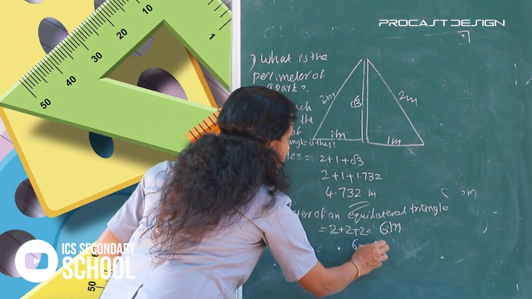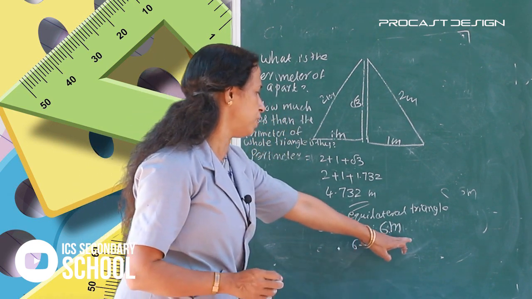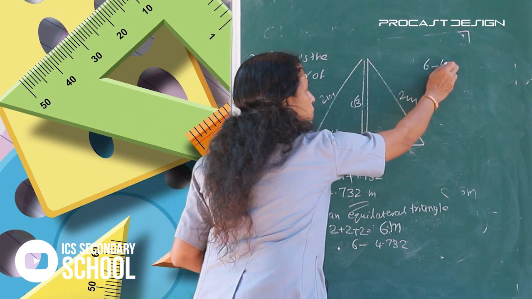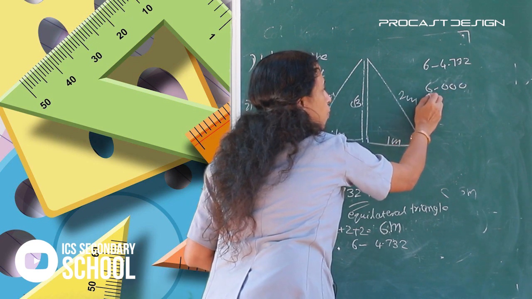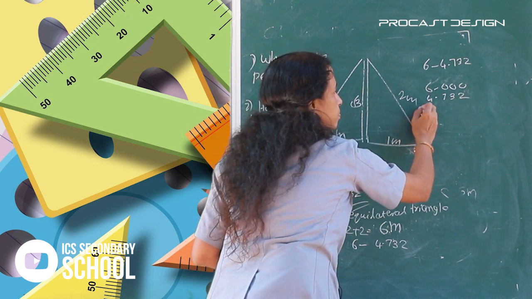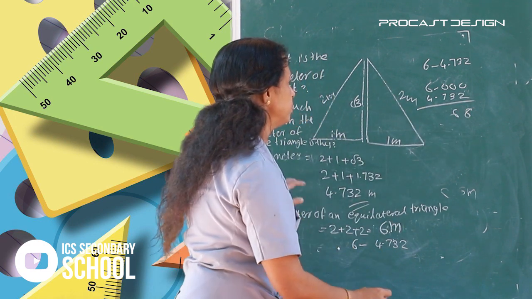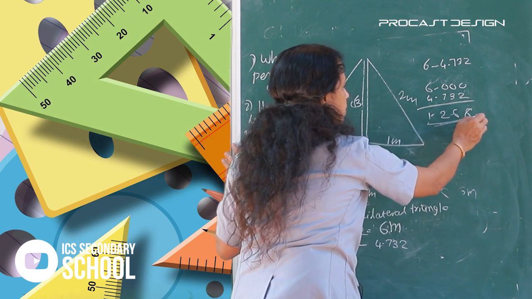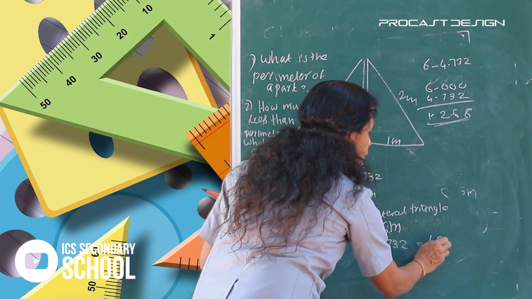6 minus 4.732, subtract it, is equal to 1.268.